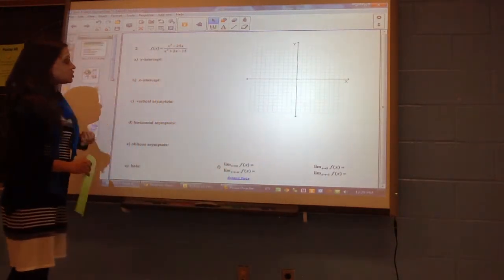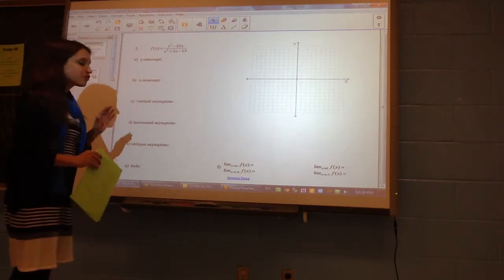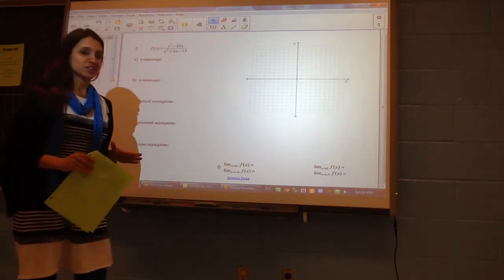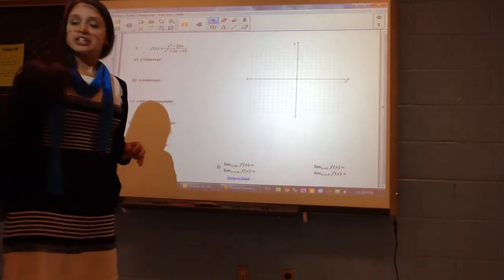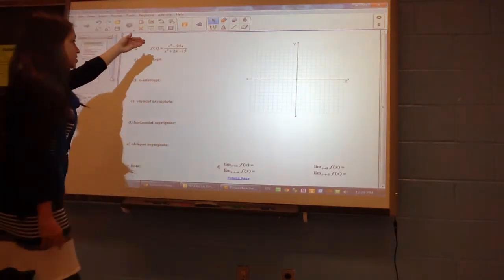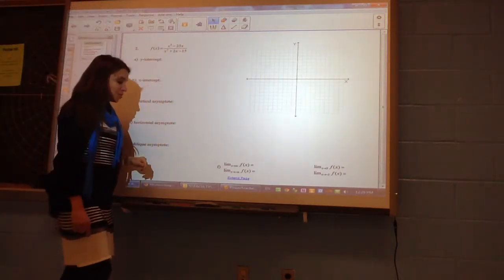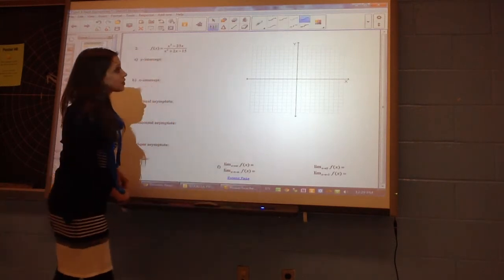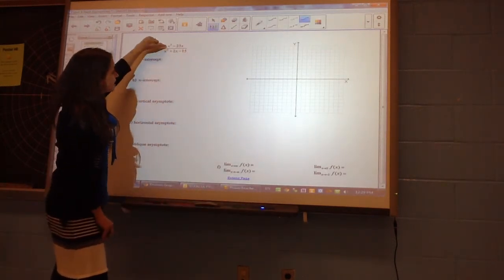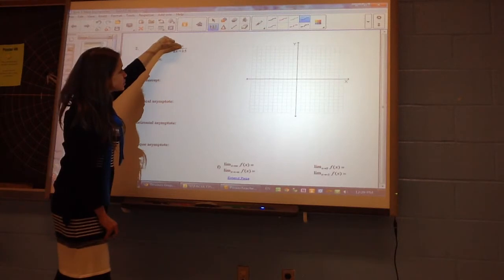On number 2, the first step I need to do is factor, factor, factor. Now you might be a little confused because this is a cubic equation. But notice in my numerator, I have an x cubed minus 25x.